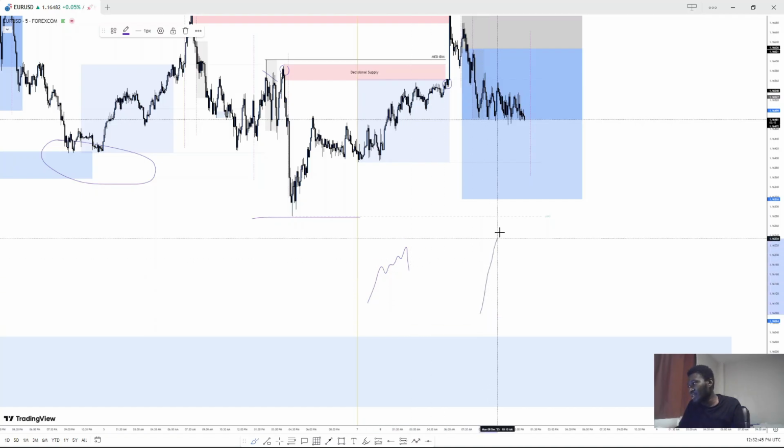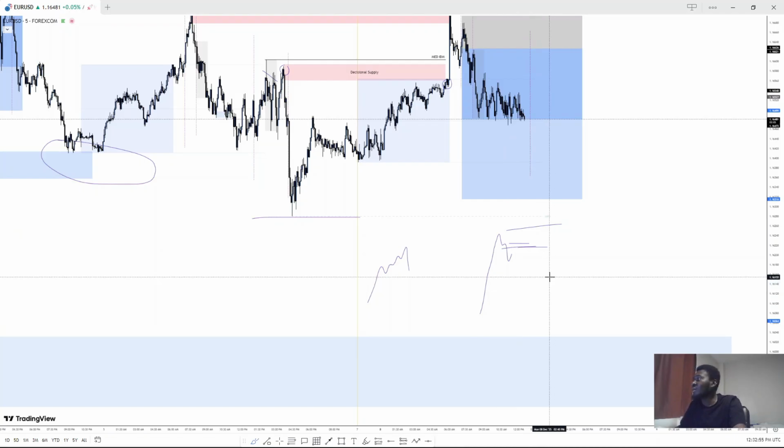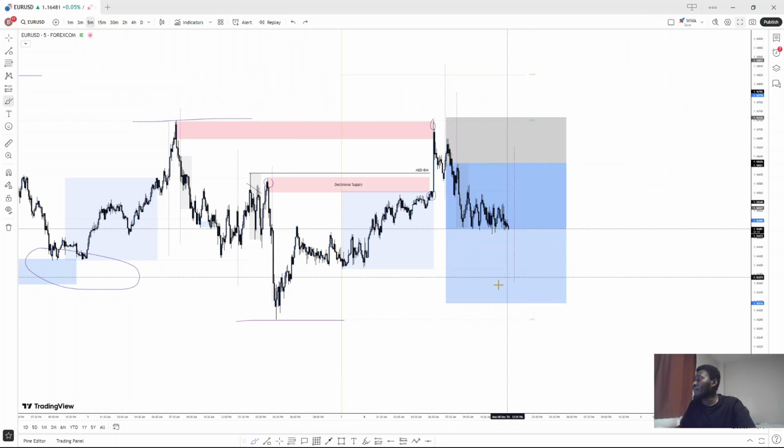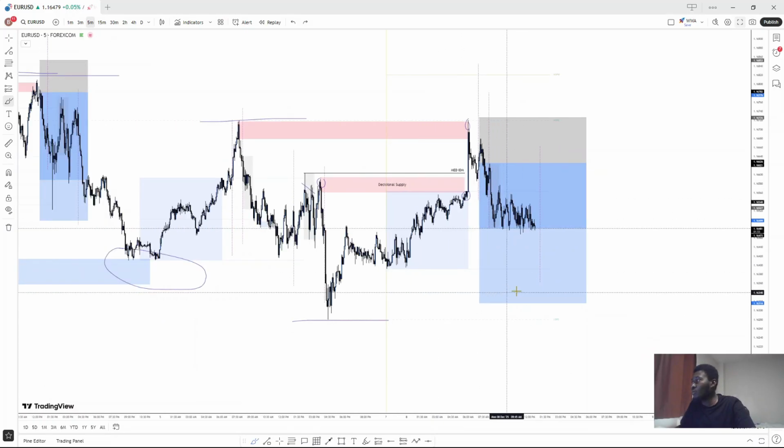There was a push and a two-leg protocol, which mitigated the second leg. You take your trade from there, you protect the high, and you let it run off. For now, I'm on break even with the trade, so I'm just going to allow it to run from a new low.